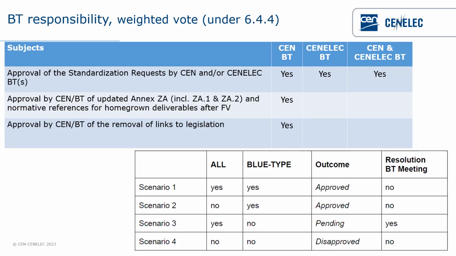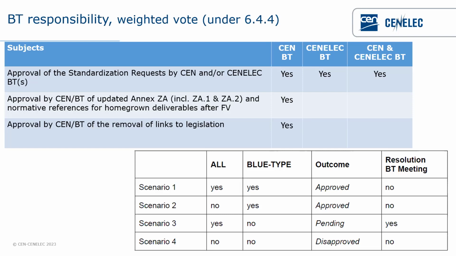Also in this case, it will be important that BT can meet quite fast, which means that from 9 July, every time we request the BT members to vote on a standardization request, we will indicate in the document a provisional date for a meeting.